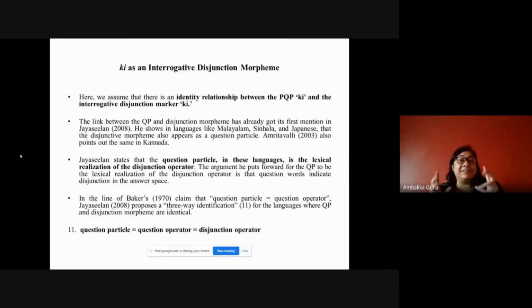So basically, there is a disjunction in the answer space of questions. And based on this understanding, Jayaseelan proposes a three-way identification: the disjunction operator, which is also the question operator, gets realized as the question particle, as we can see in number 11.